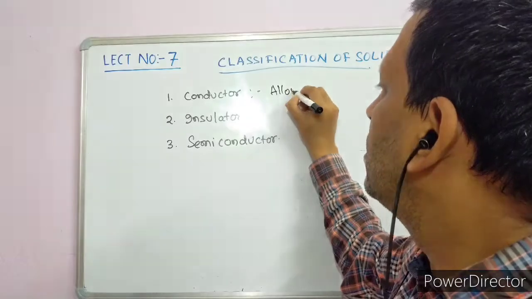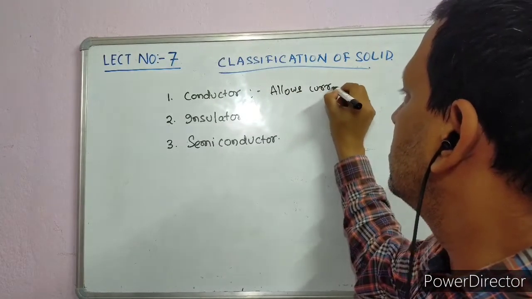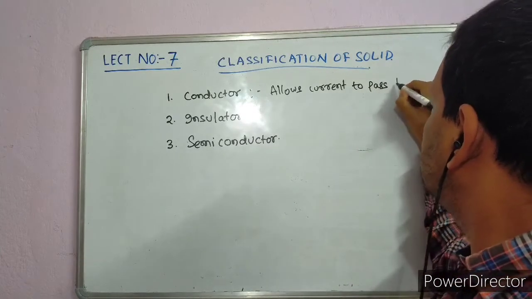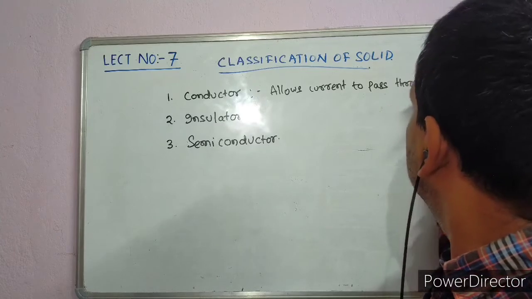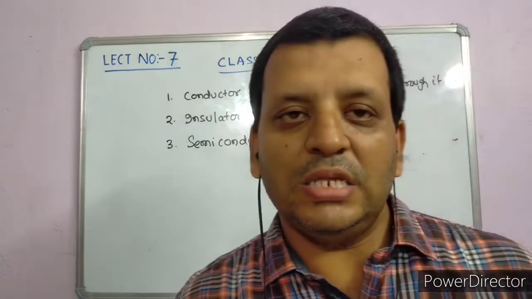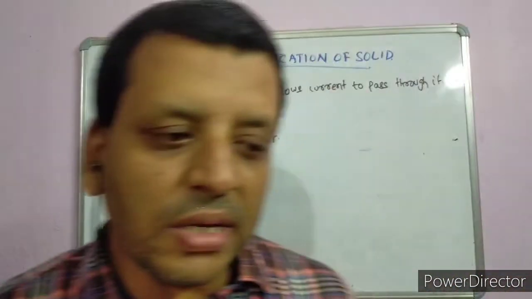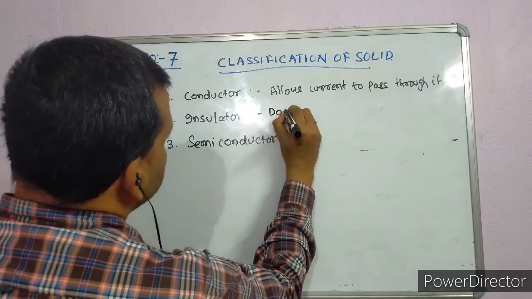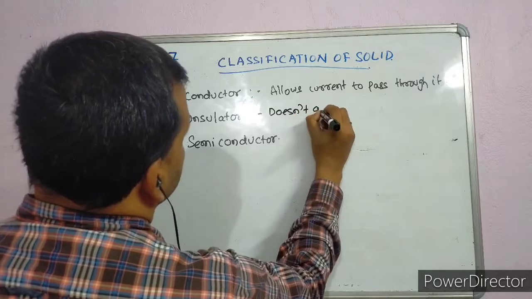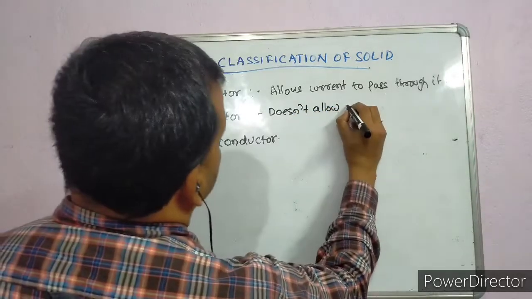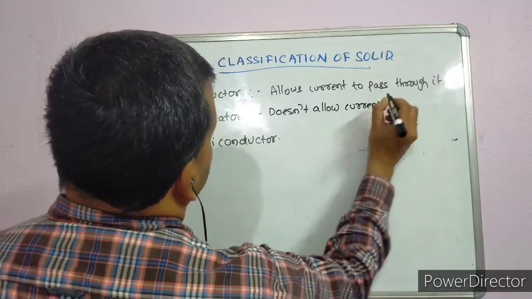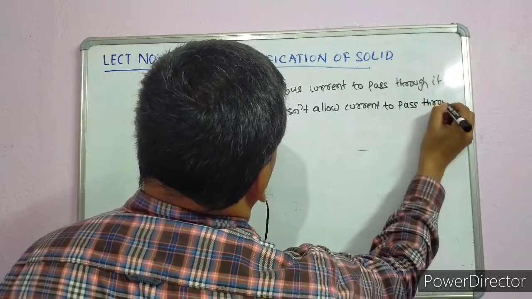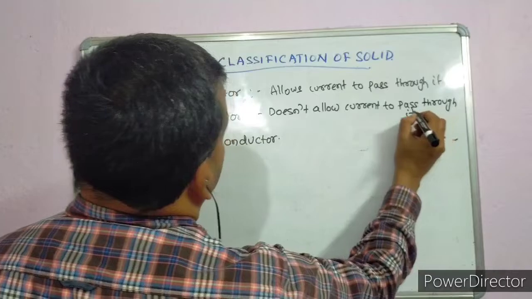What is an insulator? An insulator is that type of solid which does not allow current through it.